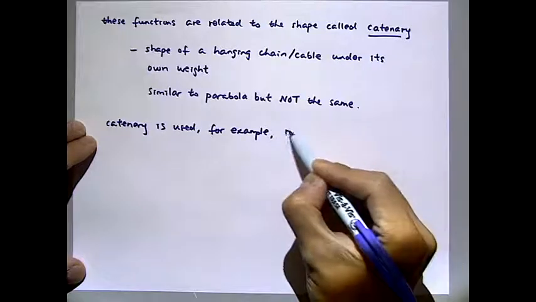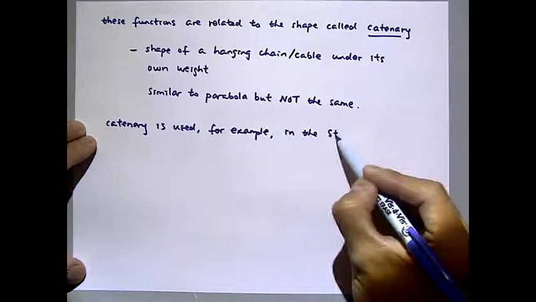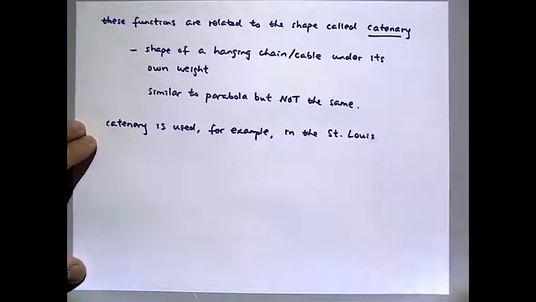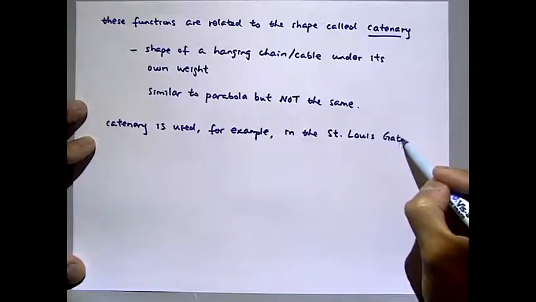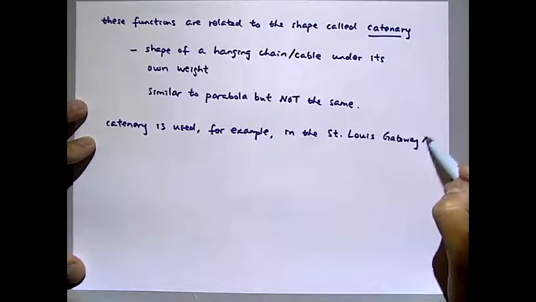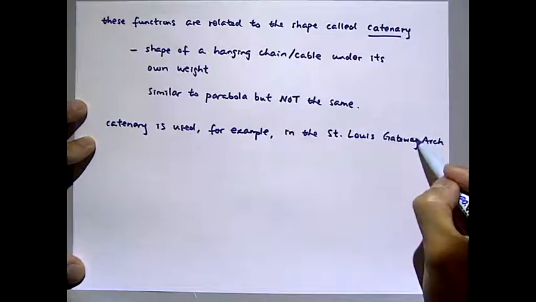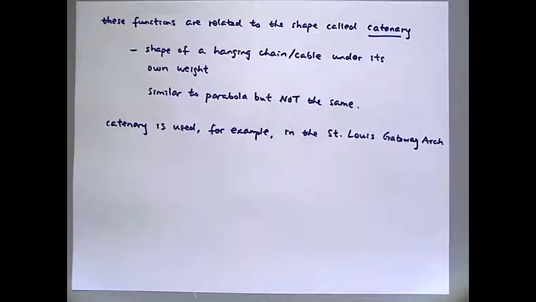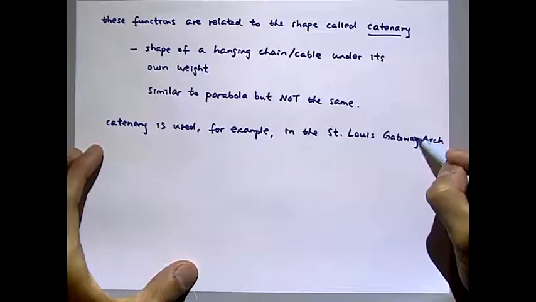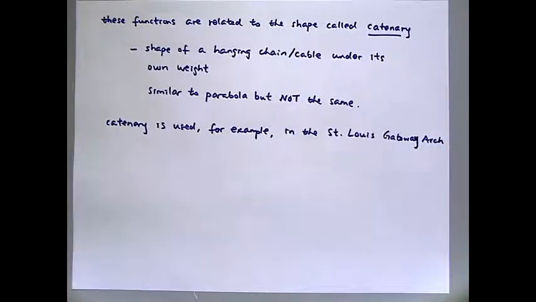For example, in the St. Louis Gateway Arch. Right, the thing is an upside down, kind of parabolic shape. From far away, you look at it, you say that's a parabola. It turns out that it's not. It's actually a catenary. If you imagine a chain that's very heavy, hanging under its own weight, and turn it upside down, that's essentially the shape you've got in that archway.